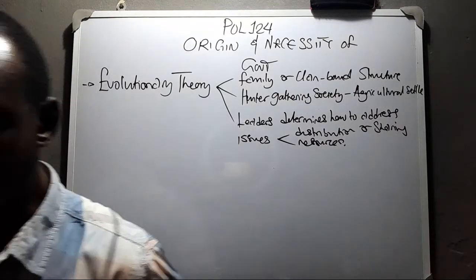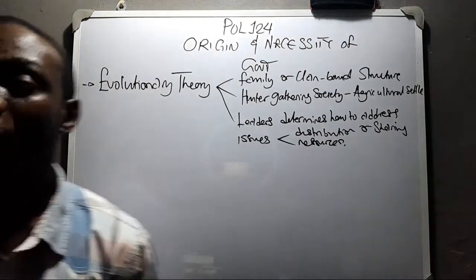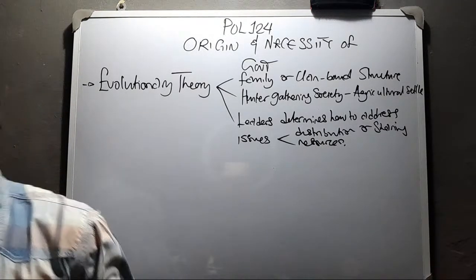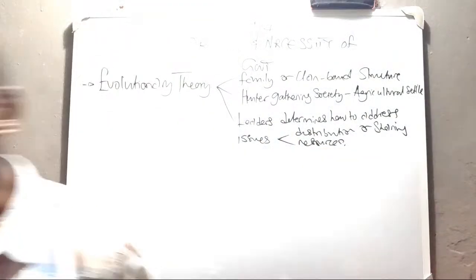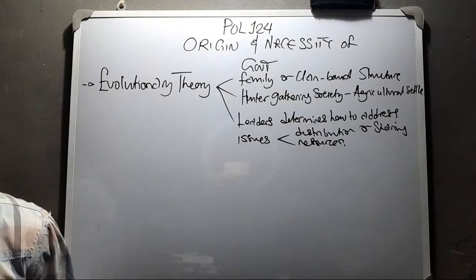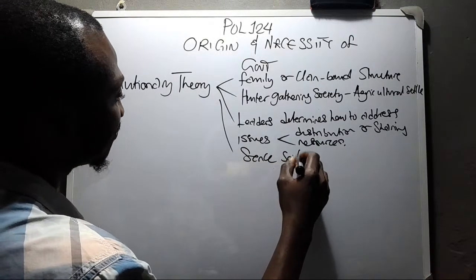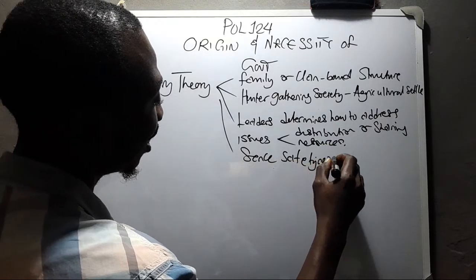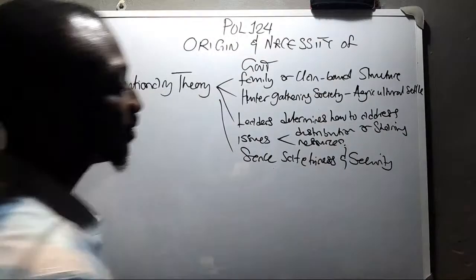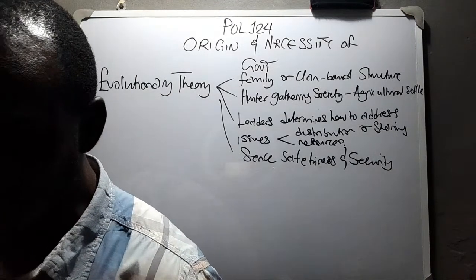Now, with this structure in place, in the more settled agricultural society, there was an increase in the sense of safety and security for the society, in the rule based on membership in a ruling family.